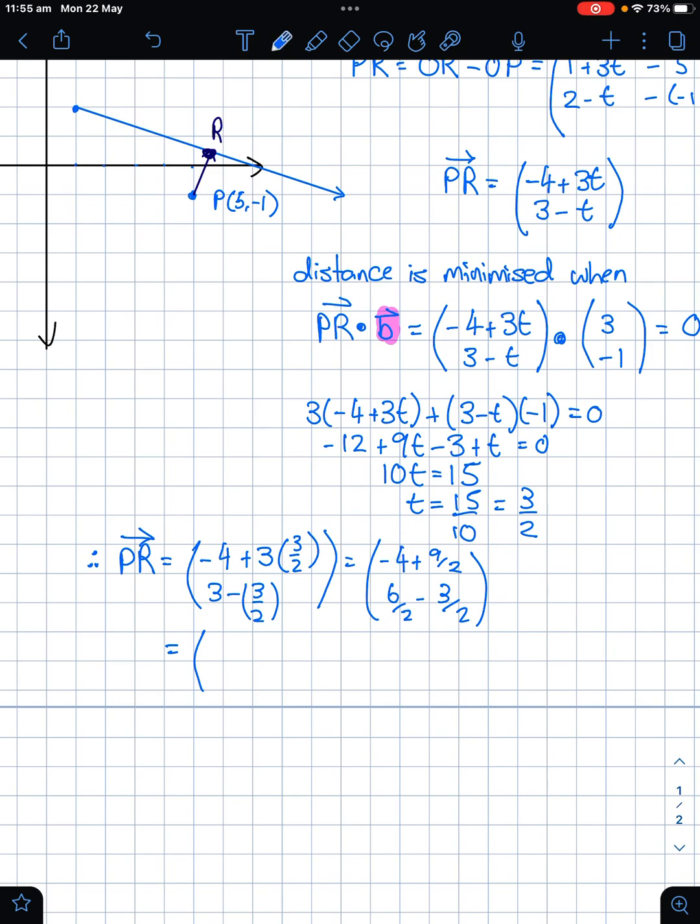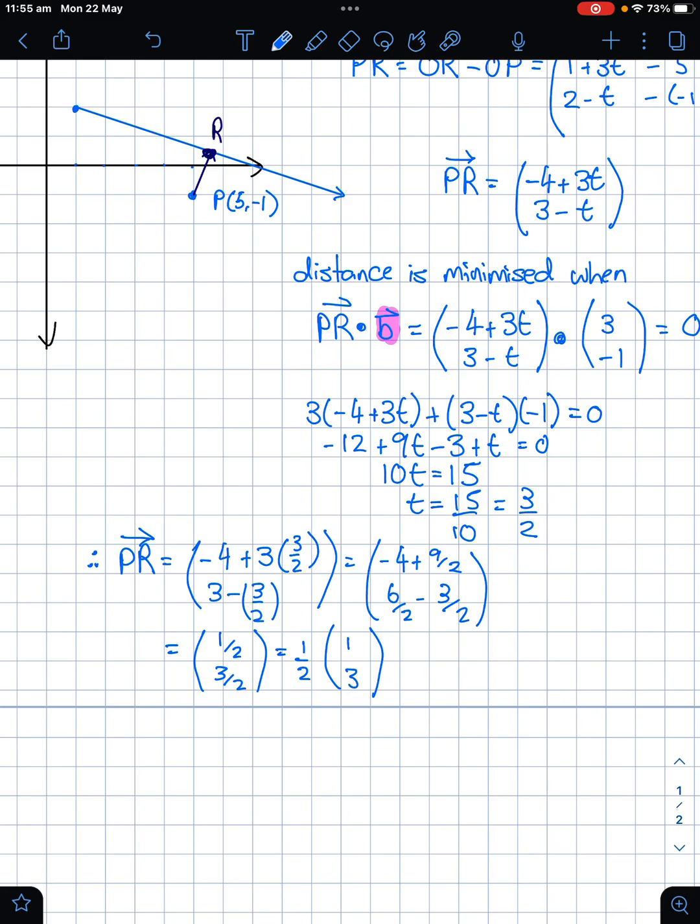So it's going to be a half. And then the other side here is going to be 3 on 2. So we can actually pull out a factor of a half, just makes this thing a little bit easier. Half of (1, 3).